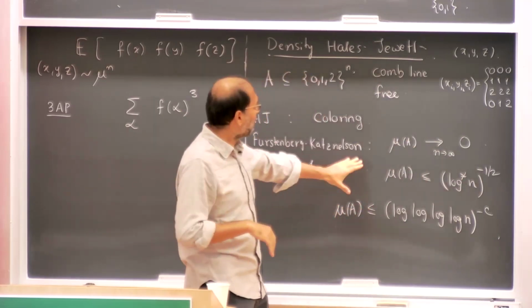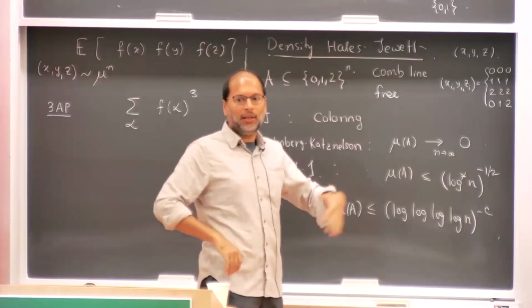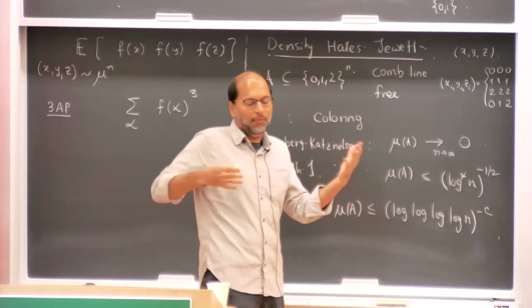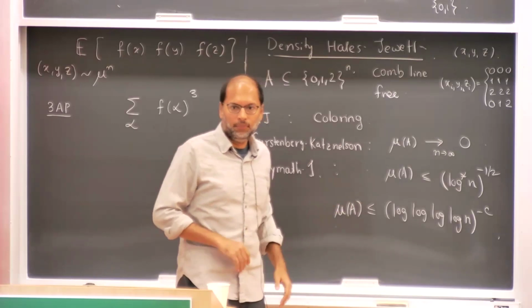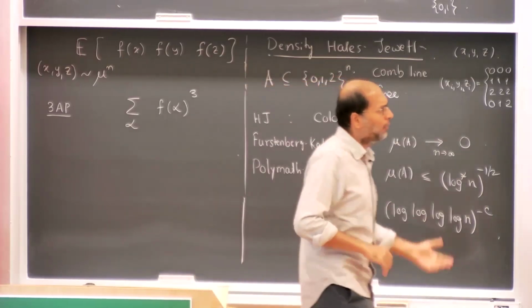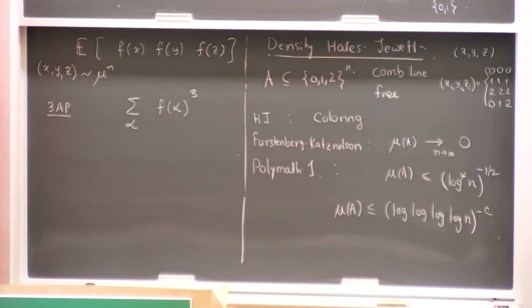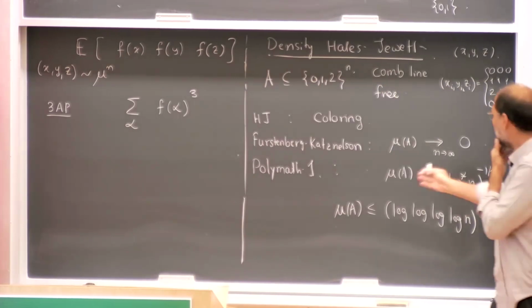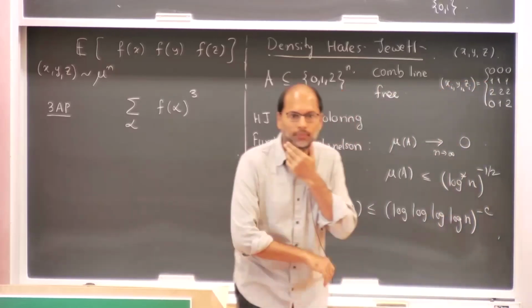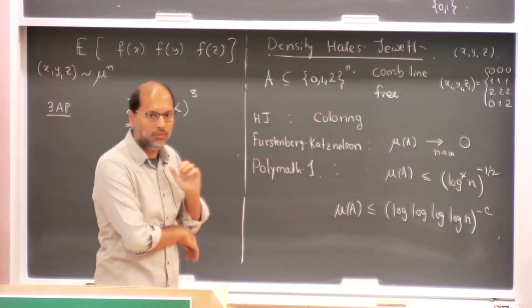So once you have upper bounds for this, you automatically get upper bounds for pretty much everything. For example, you would get automatic upper bounds for the parallel repetition theorems, or APs, of course. All right, so we can do this.